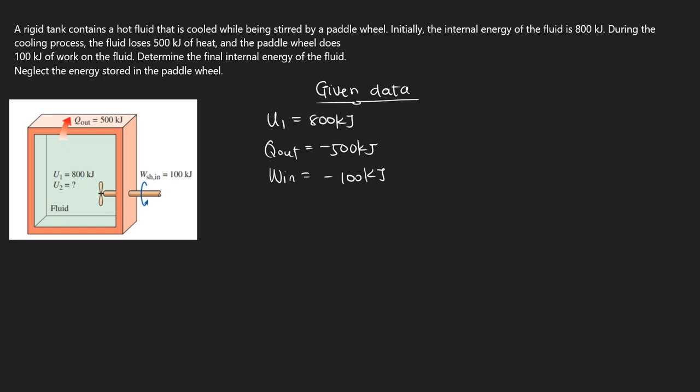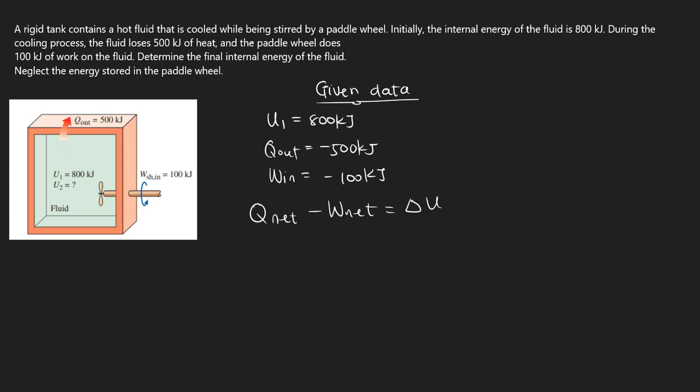Let's look at that. We know that if a system is stationary, then the kinetic energy and potential energy will be zero. So we're going to have the non-flow energy equation: Q net minus W net equals change in the internal energy.